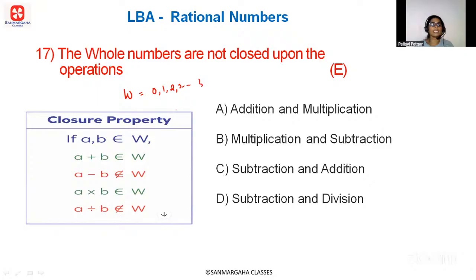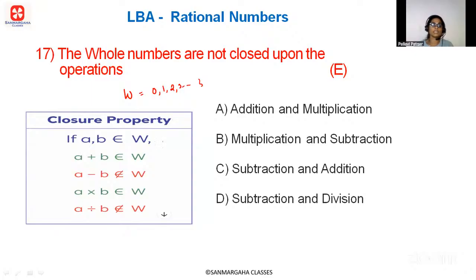Operations on any two numbers in the set always result in another number from the same set. So if we take two whole numbers and add, subtract, divide or multiply them, we should get a whole number. So looking at the addition operation, if you add any two whole numbers, the result is always a whole number.